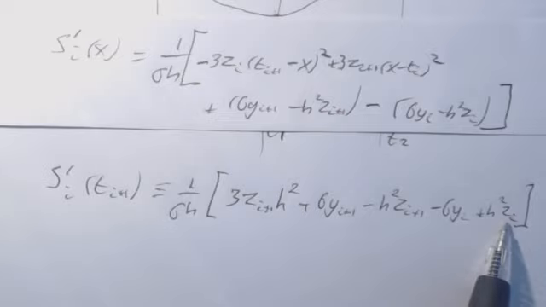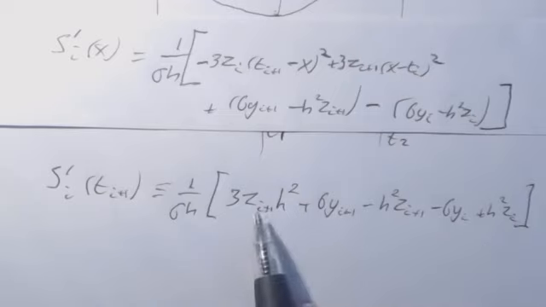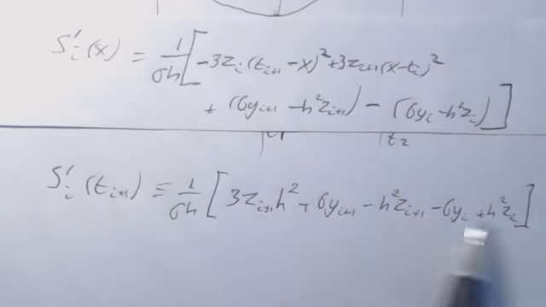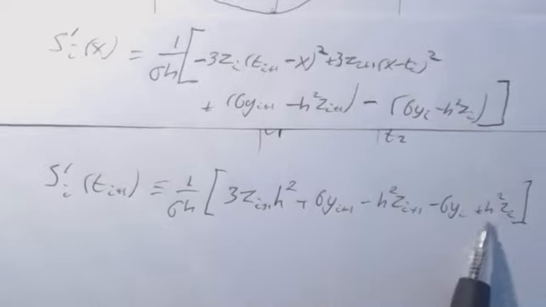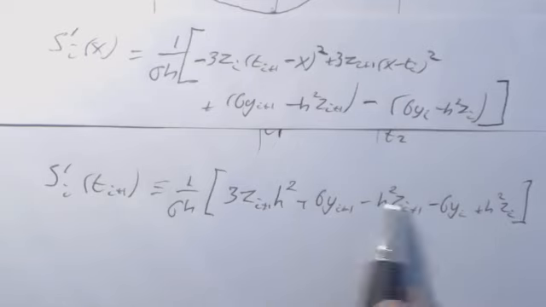So this time we've got minus h squared zi plus 1 there.